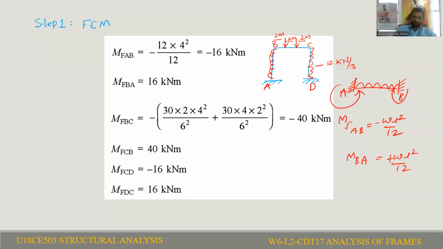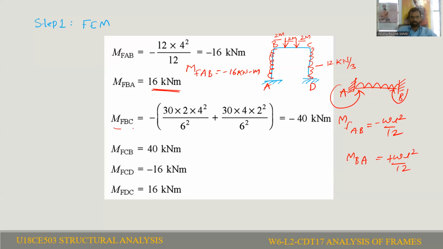If you substitute W equal to 12 and L equal to 4, you are going to get the fixed end moment MAB equal to minus 16 kN-m. Similarly, MBA is plus 16 kN-m. Same formula, but the sign will be different.